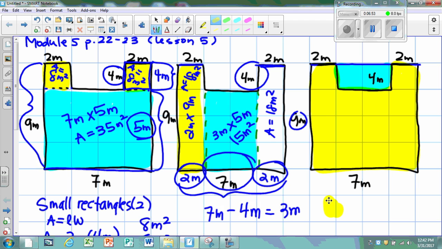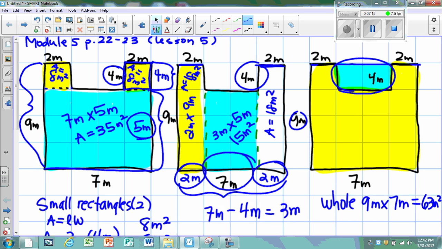And our whole rectangle, the dimensions are 9 meters by 7 meters, which would give us an area of 63 meters squared for the whole thing. And our small space right here is 4 meters by 3 meters.